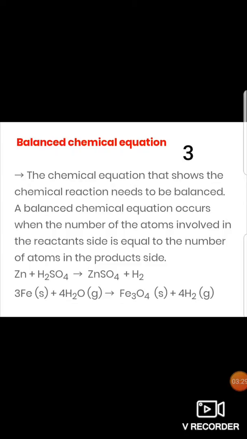In the next reaction, iron in solid form has 3 atoms, hydrogen has 8 atoms, 4 twos are 8, and oxygen has 4 atoms.